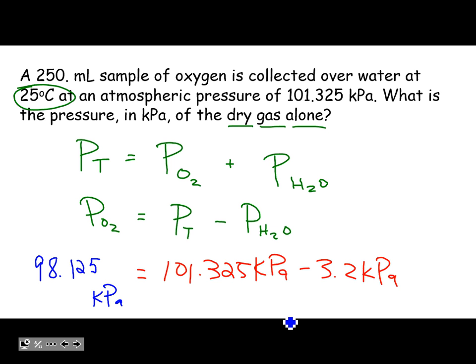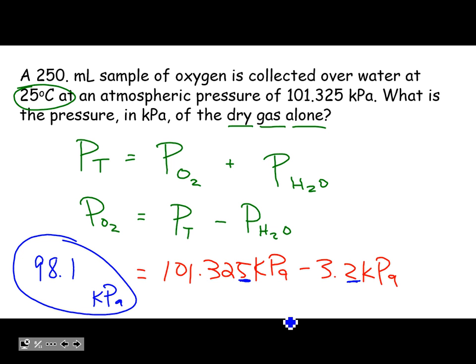kilopascals. Now I come back and I look: 3 places to the right of the decimal, 1 place to the right of the decimal. So I am going to round this to 1 place to the right of the decimal to sig fig it correctly. So that's going to give me 98.1 kilopascals. So what is this?